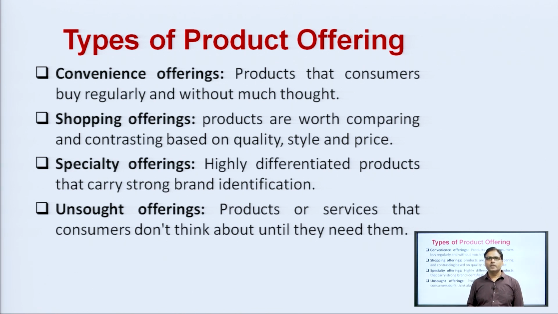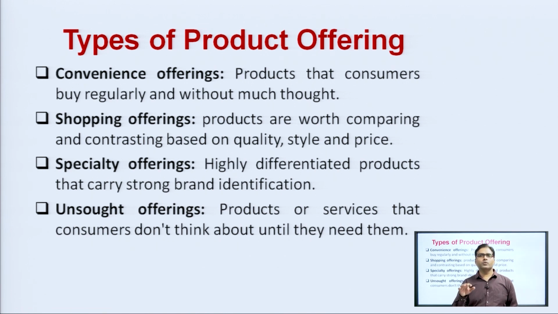But if the consumer is having some consistent problem and is using the medicine on a regular basis, then for them the medicine will be a convenience offering, because they won't make purchases with much comparison with other medicines, because they are used to carrying on with their product in their daily life.